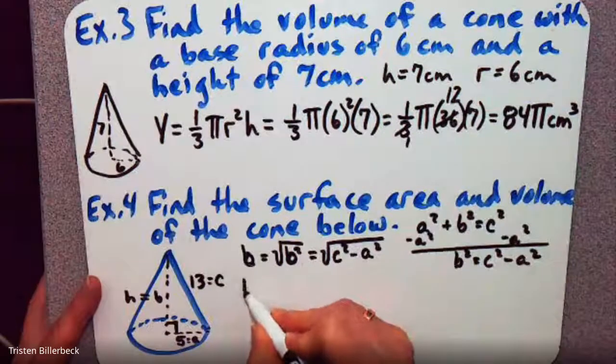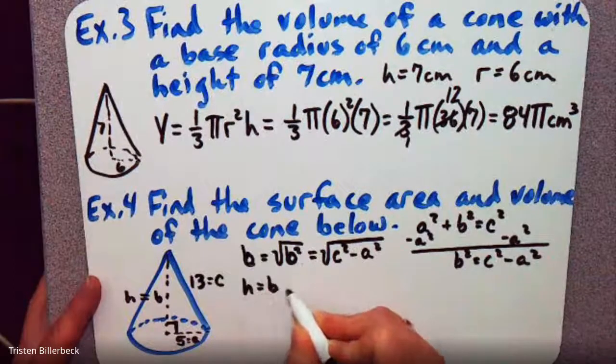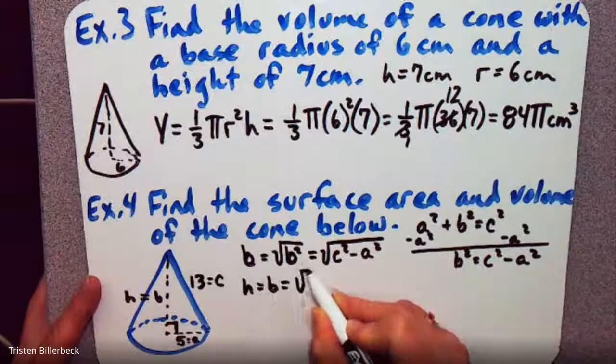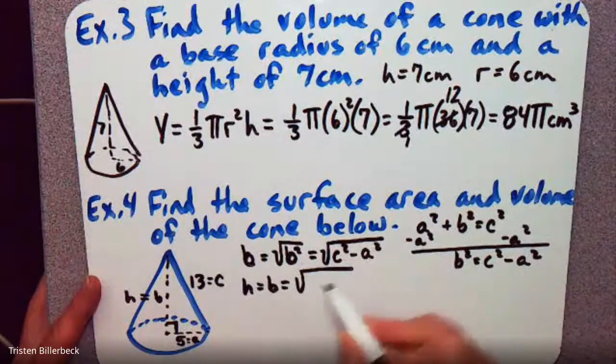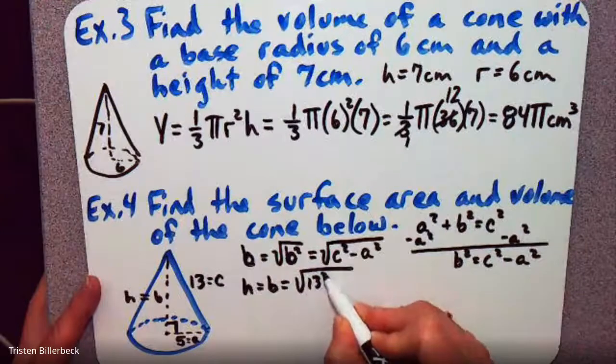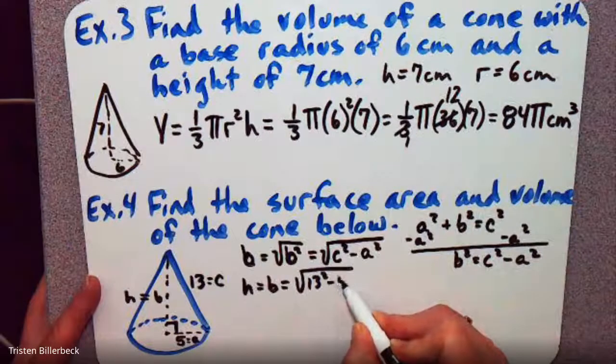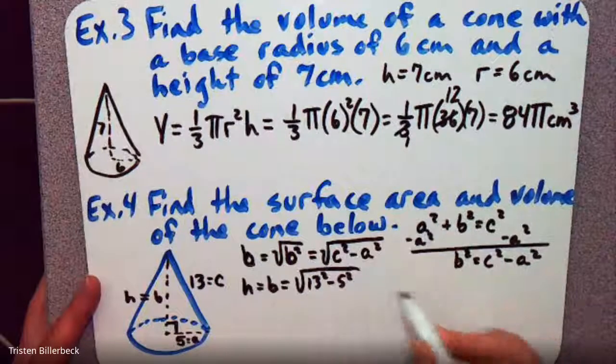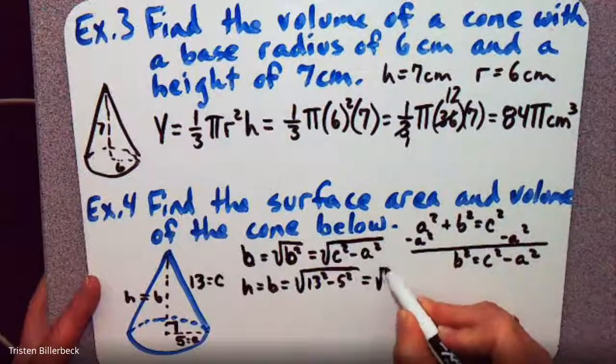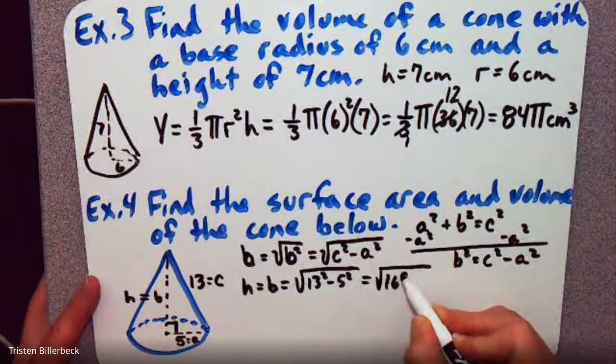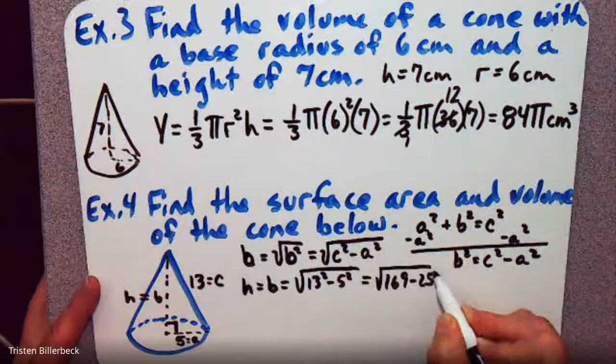Okay, so let's say height equals B, which equals the square root of C squared, so 13 squared minus 5 squared. So that gives me the square root of 169 minus 25.